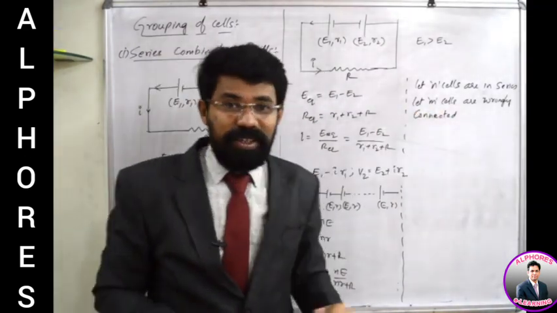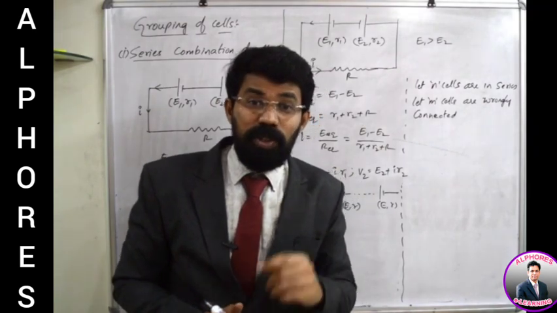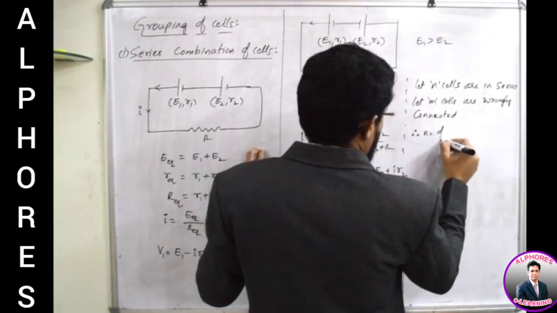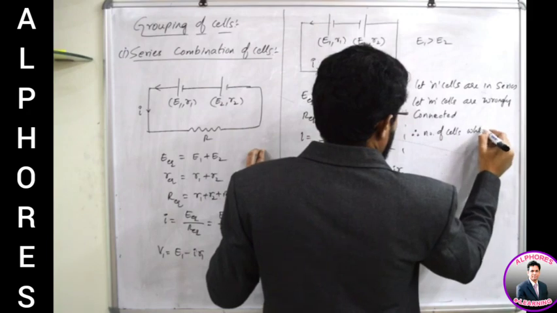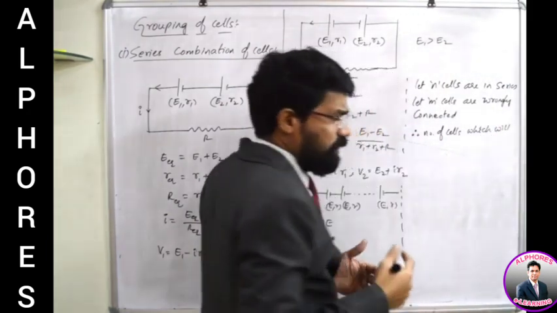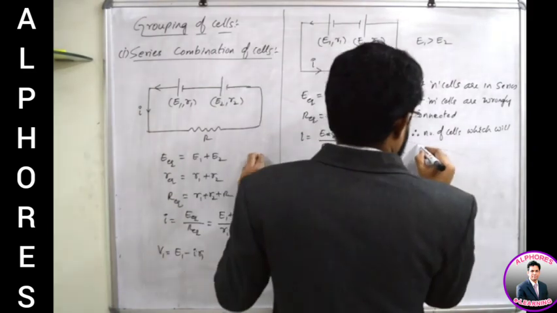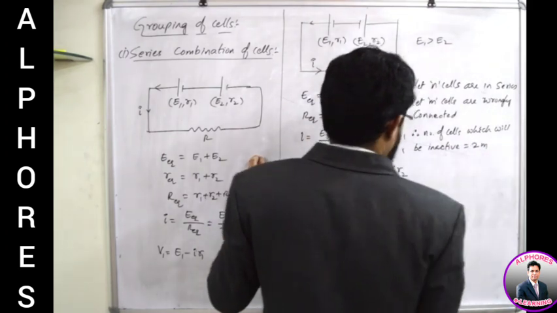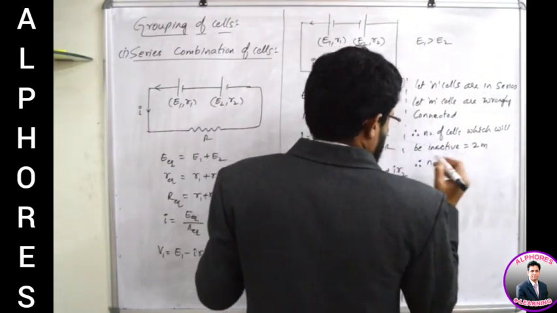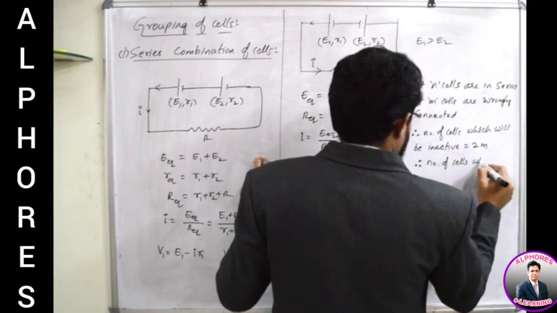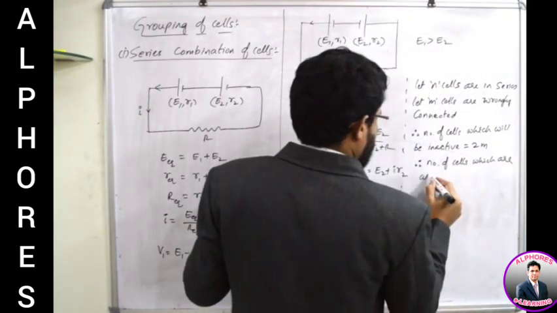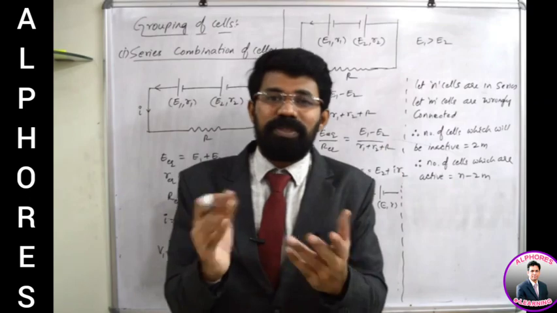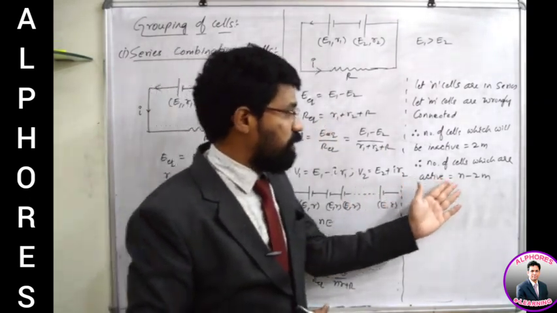If m cells are wrongly connected, 2m cells will be inactive, in the sense they don't contribute anything to the effective EMF. Therefore, the number of cells which are active is equal to n minus 2m. Among n cells, 2m cells have become inactive.